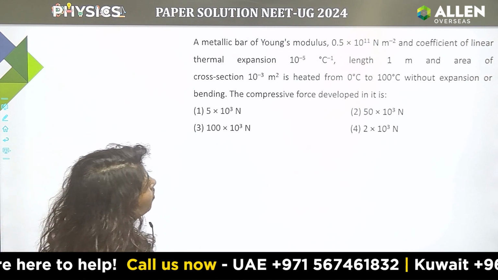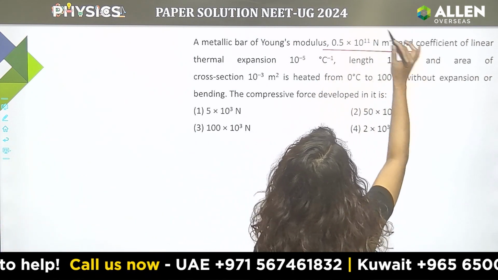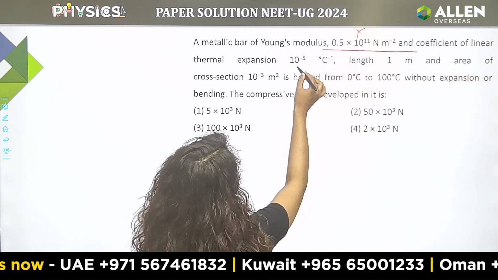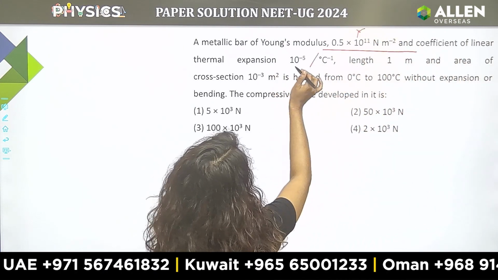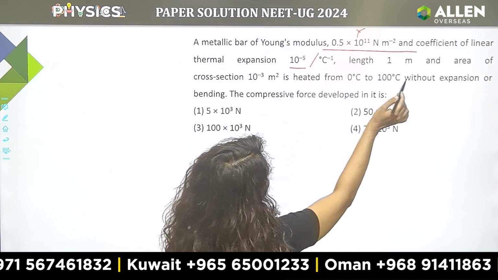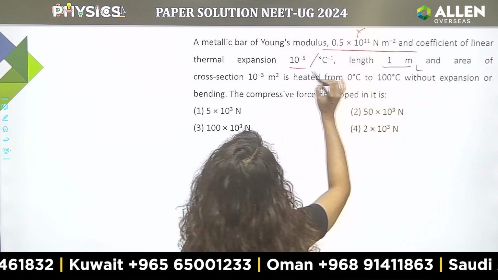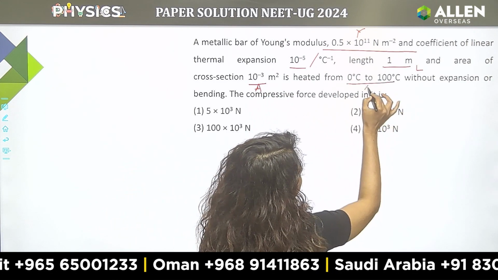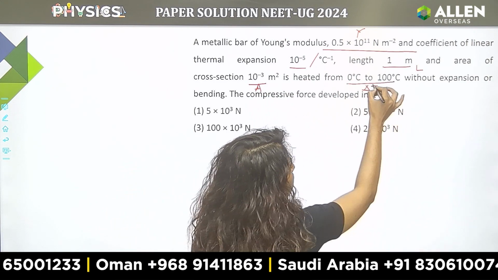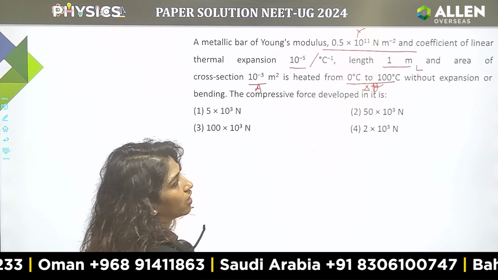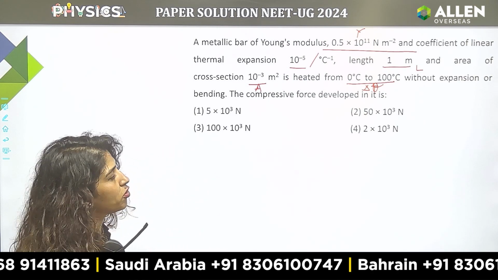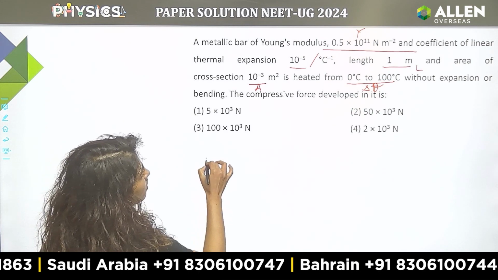Now, in this question, Young's modulus is given. Coefficient of linear thermal expansion is also given. Length is given, area of cross section is given, and temperature difference, let me write delta theta, is given. We have to find what is the force due to compression. See, what is it saying basically?